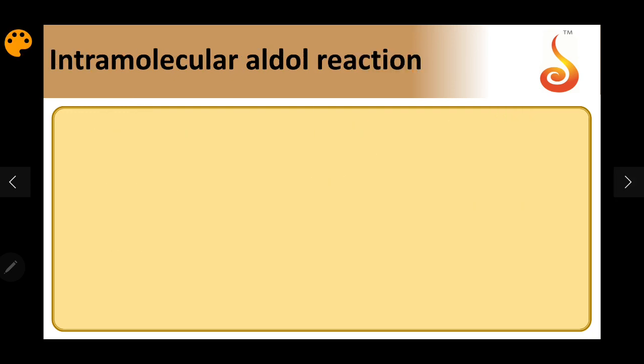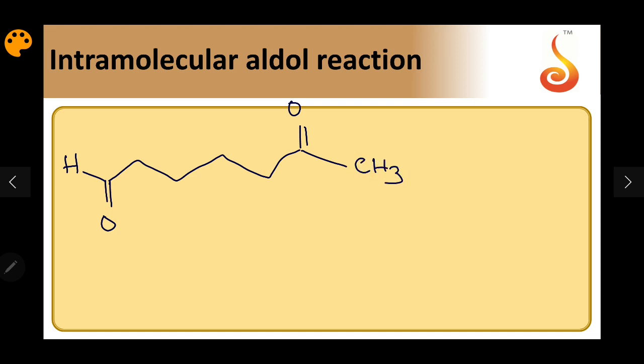The reaction can also happen intramolecularly. So if I take a compound containing 2 carbonyl groups, one I am taking as aldehyde, the other one I am taking as ketone. So there are 3 positions of alpha hydrogen. If I number this 1, 2, 3, 4, 5, 6, 7, there are 3 positions, that is 2, 5 and 7, where we have alpha hydrogen.